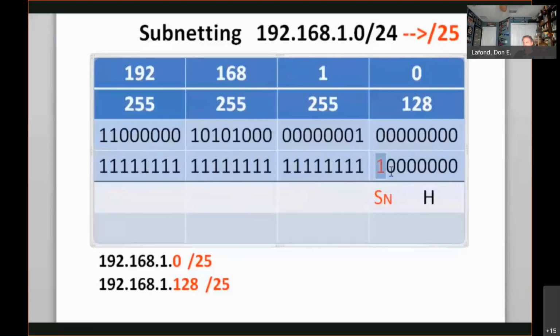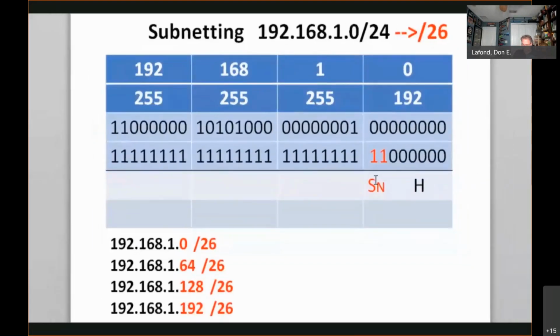The hosts on each network are 126 usable hosts. We have 7 zeros here, and 2 to the 7th power is 128, minus 2 makes 126 usable hosts per subnet.